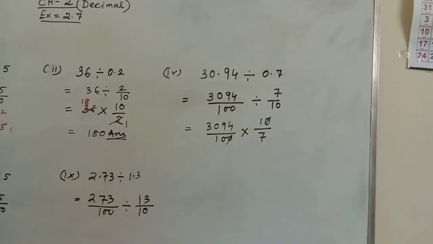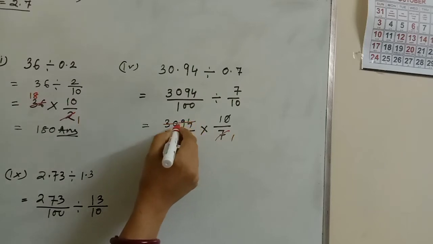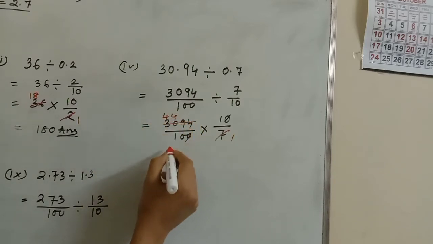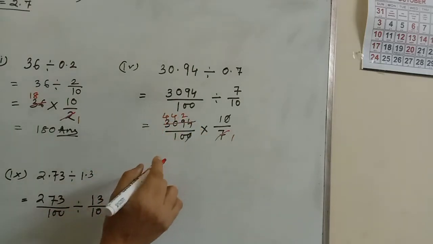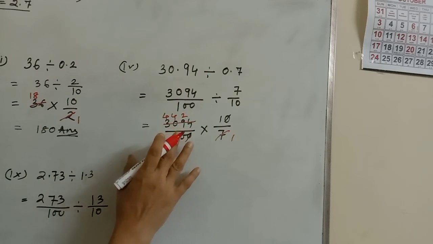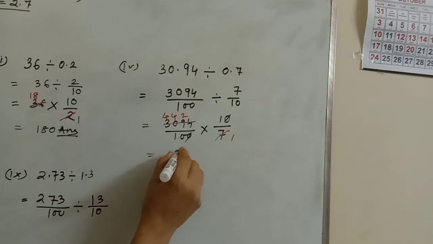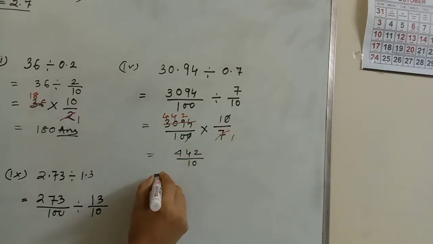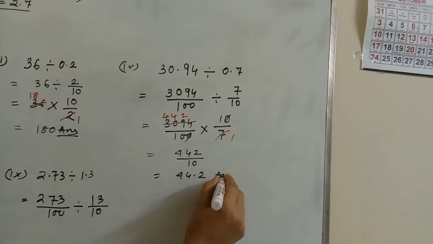Divide 3094 by 7: 7 4s are 28, and so on. Don't start dividing further, because you have to give the answer in decimal. So 442 by 10, that means tenth place of decimal, 44.2, and this is the answer.